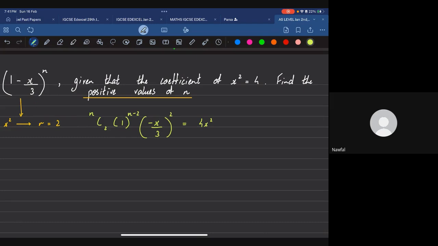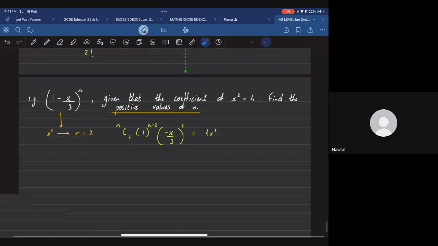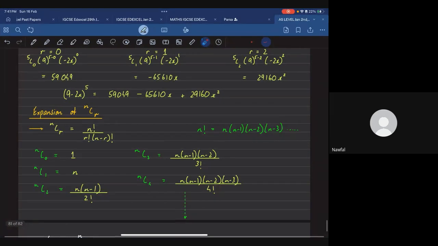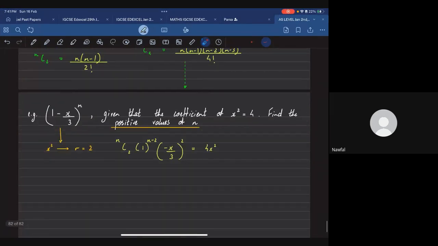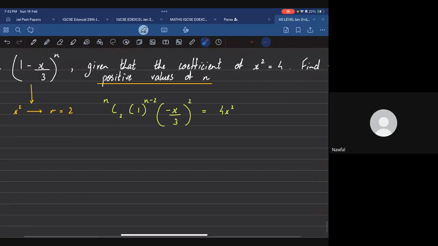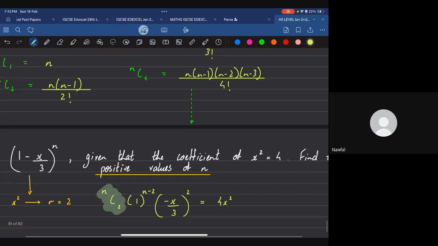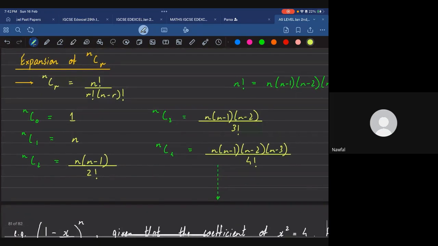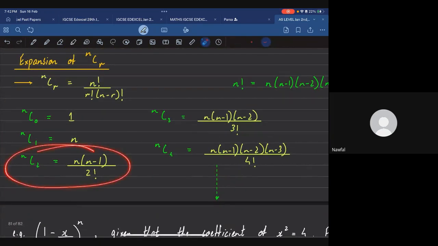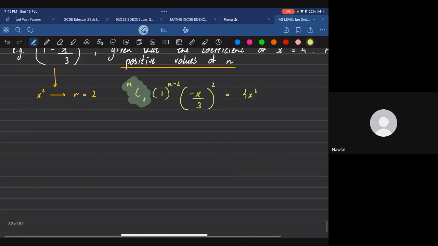Clear? Now, because I don't have the value of n, there's no actual way to solve it. So I'm going to expand NCR. How am I going to expand it? NCR, because the power of r is 2, I can use n times n minus 1 over 2 factorial.